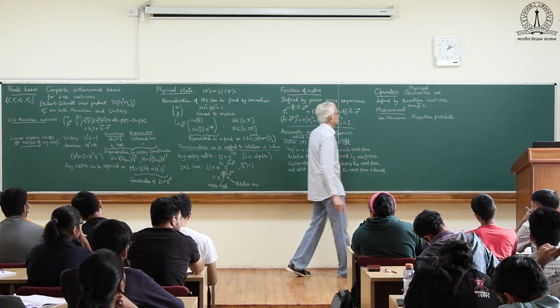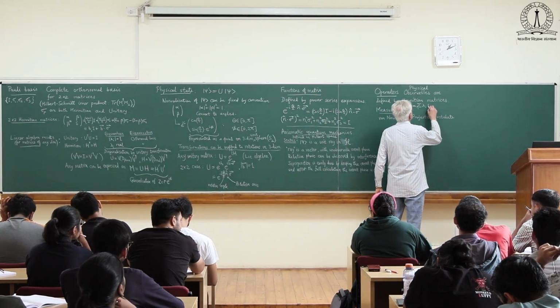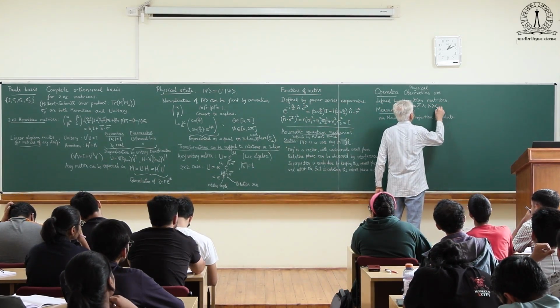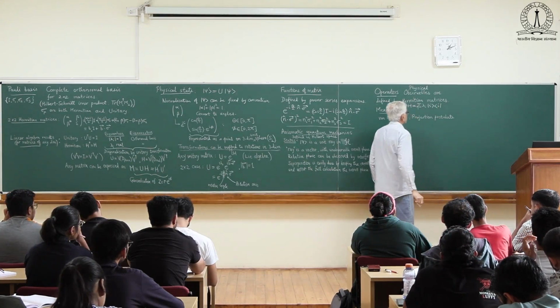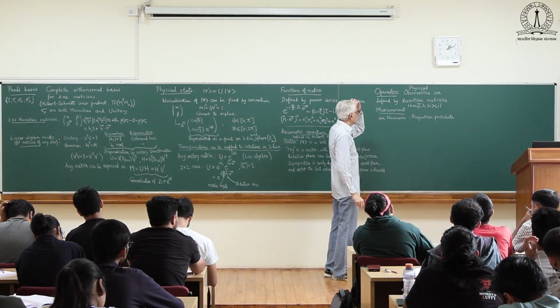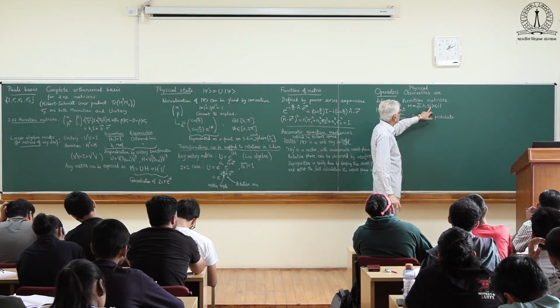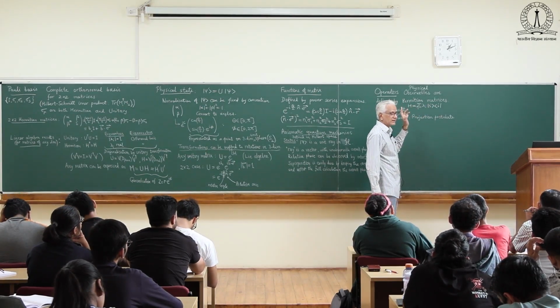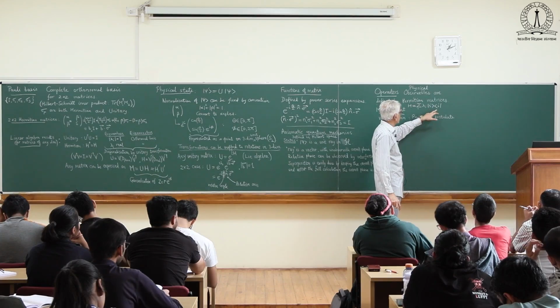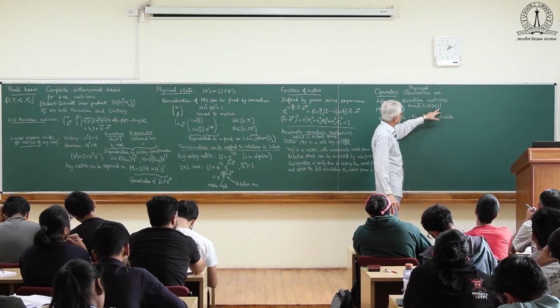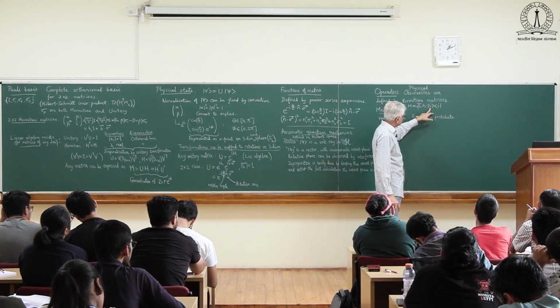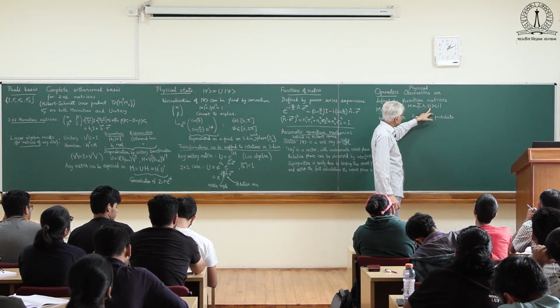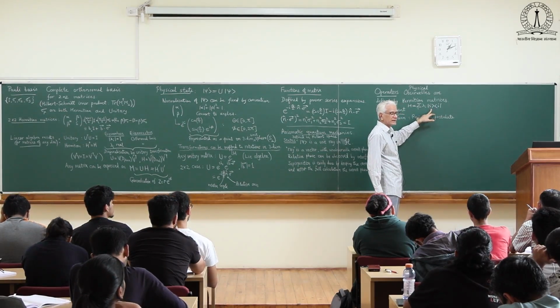So the identity can be expressed as something like this, where i is the eigenvector, and the reverse order comes because this is what you call the outer product, not the inner product.